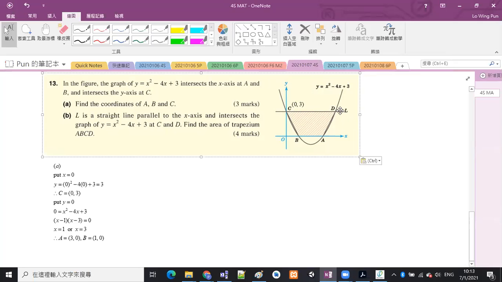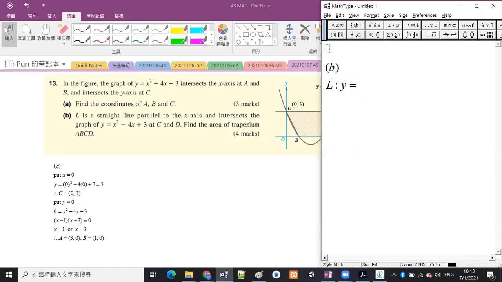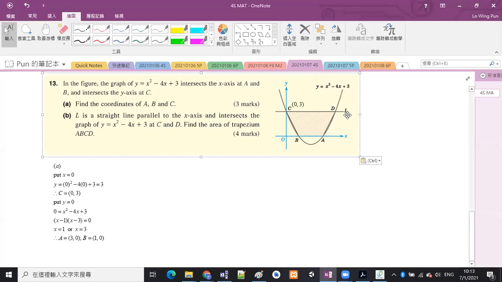Okay, and then the line L should be on the level of 3 also. So the equation of L should be y equals 3. Okay, and then point D is the intersection point of the line L and the curve y equals x squared minus 4x plus 3.